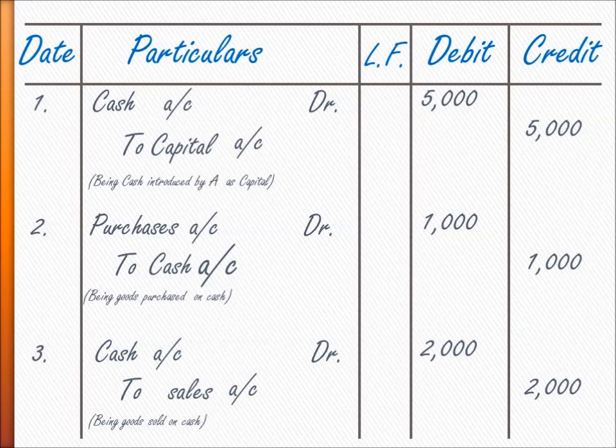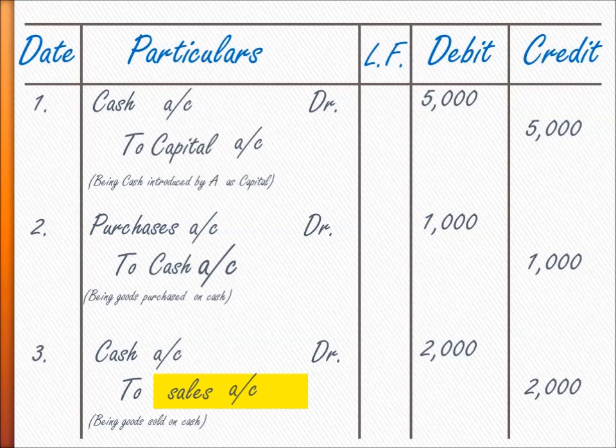You know what is journal entry? To find out the debit aspect and credit aspect of the transaction. So when we made 3 journal entries, so many items were involved. I mean to say so many accounts were involved. Just have a look carefully at the journal entries. Cash account, capital account, purchases account, sales account.